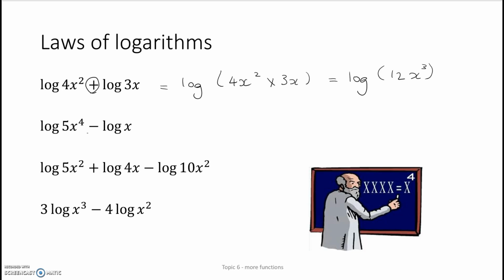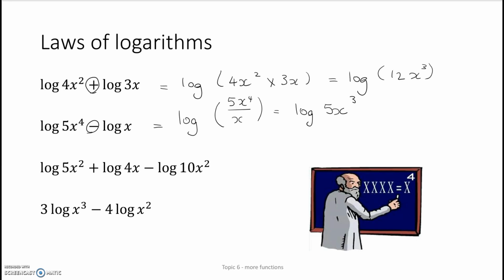The next one, because it's minus, is a division. So it's equal to log of 5x to the 4 over x, which is log 5x cubed.